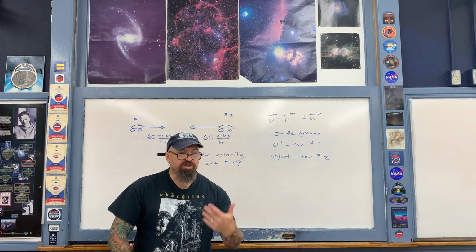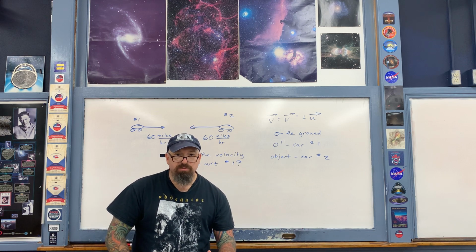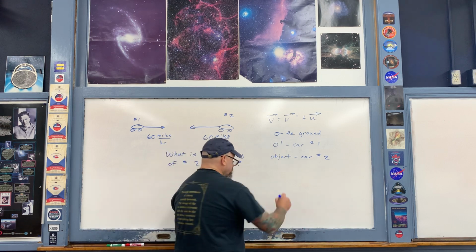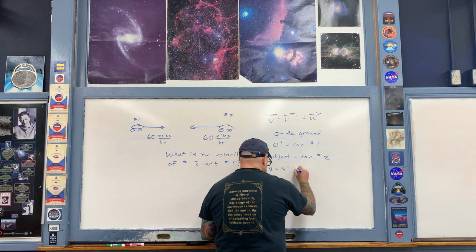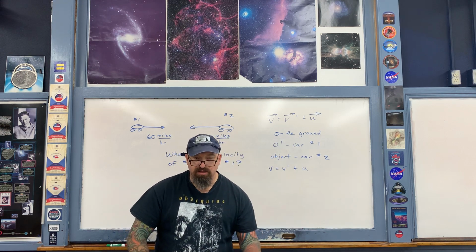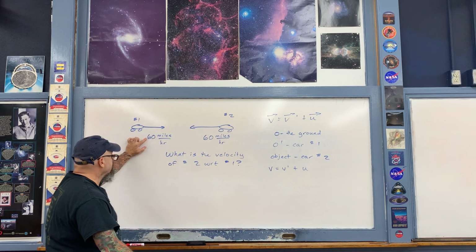So which velocity vector is which? Incidentally, because this is a one-dimensional problem, I'm going to drop the vector notation here and just write the velocity transform as v equals v prime plus u. We'll take care of the directions with positive and negative signs in just a few moments. But let's take a look at this 60 miles per hour right here.